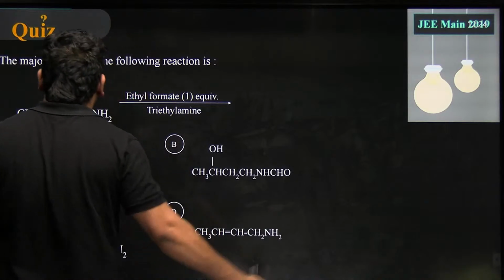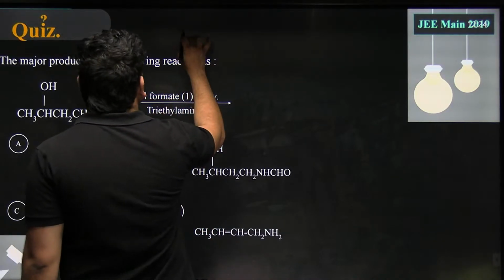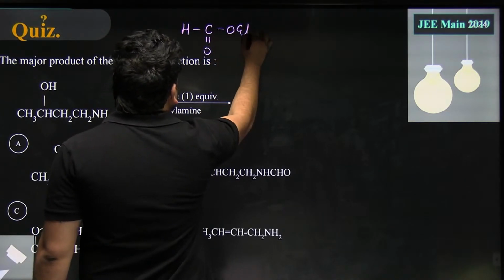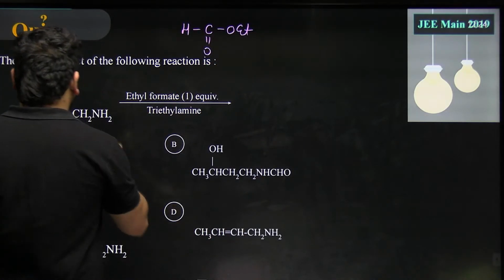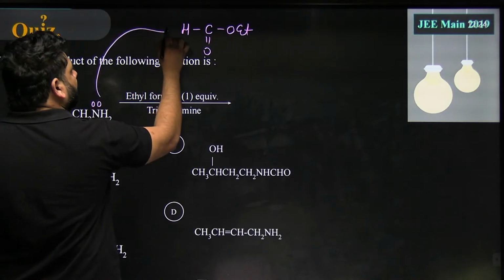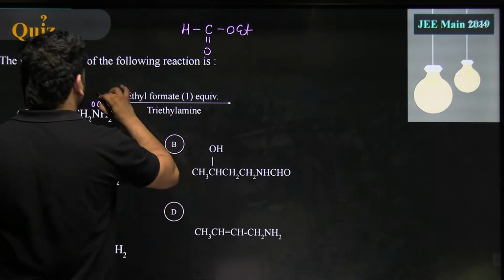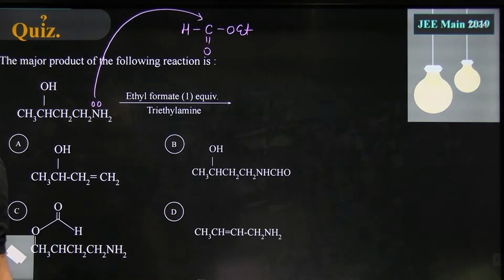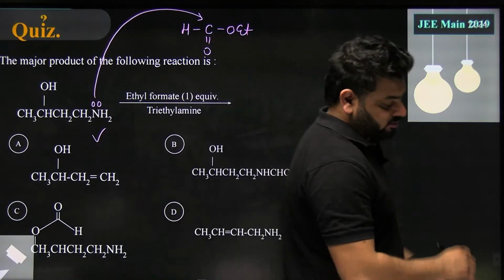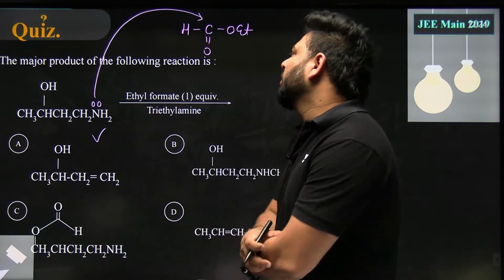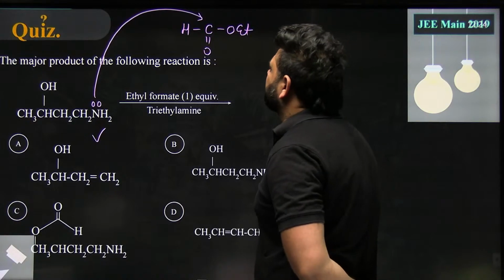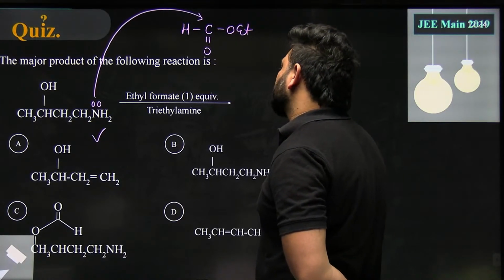So ethyl formate is OEt. So let's say we attack, because nitrogen has more affinity towards carbon to form the bond than oxygen, and if the carbon has a negative charge, that would be an even higher extent of attacking here.